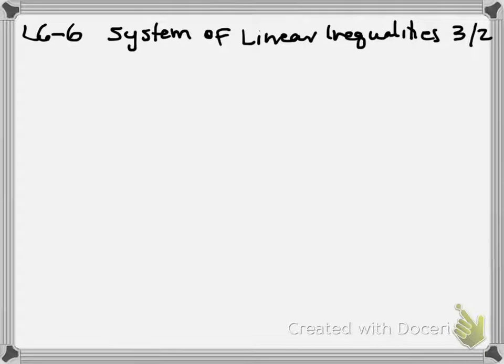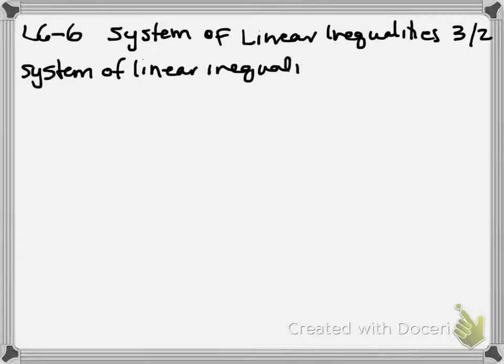So I'll give you a quick definition of what is a system of linear inequalities. And basically, if you went back and looked at your definition of system of linear equations, we're basically talking about the same thing, except we would substitute in the word inequality for the word equation.